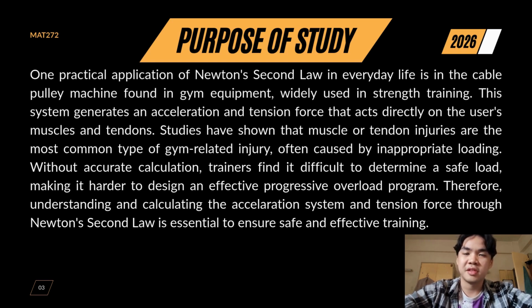Without accurate calculation, trainers find it difficult to determine a safe load, making it harder to design an effective progressive overload program. Therefore, understanding and calculating the acceleration and tension force through Newton's second law is essential to ensure safe and effective training.